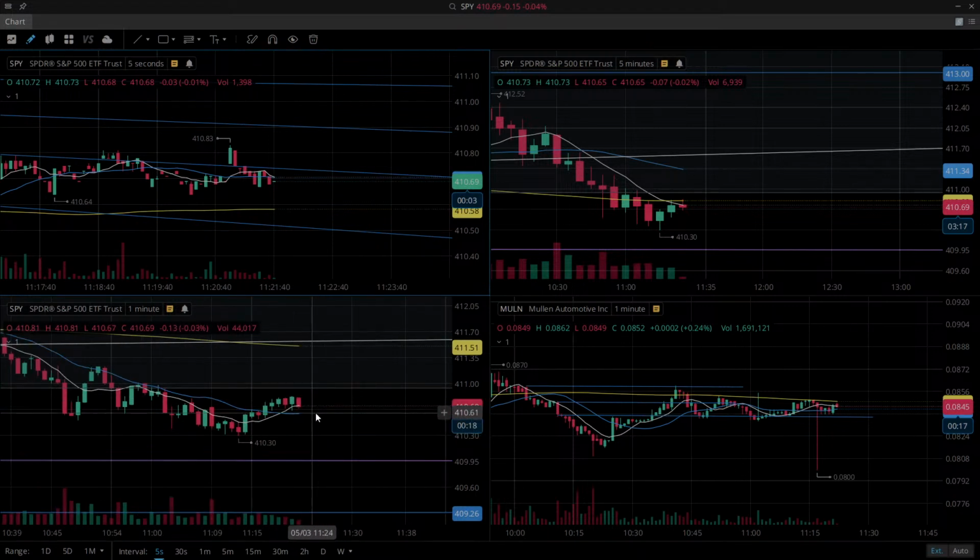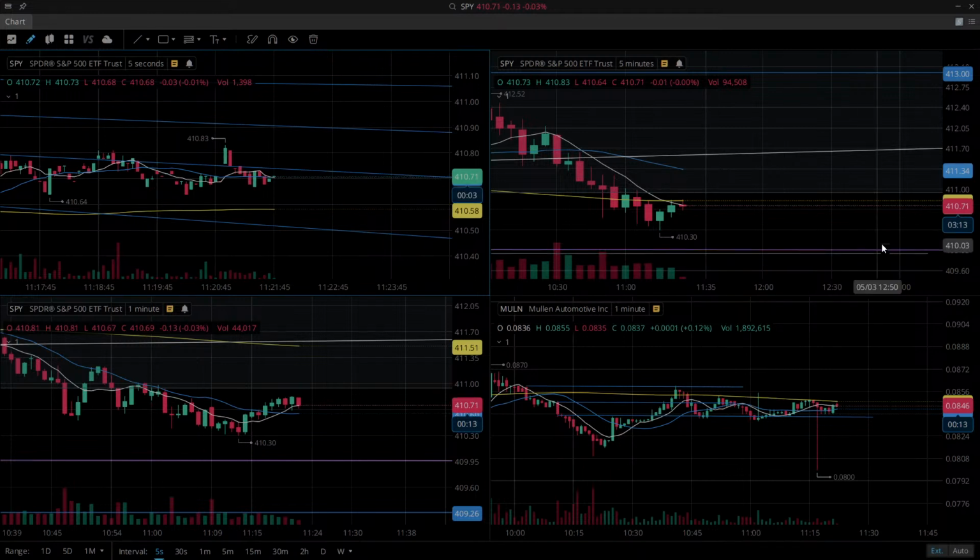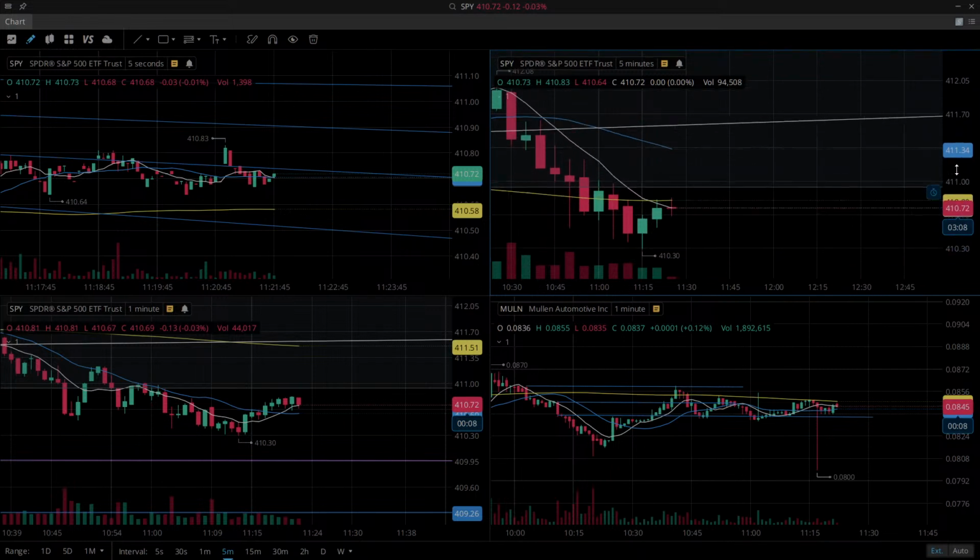I'm going to wait. This might break over. Got about 3 minutes and 10 seconds left on this 5-minute. If that closes a doji there, that's not so good for bulls.